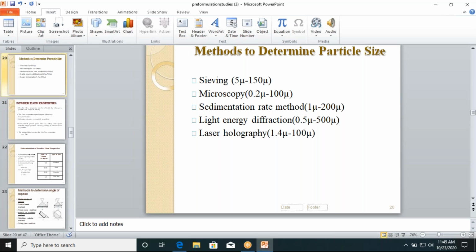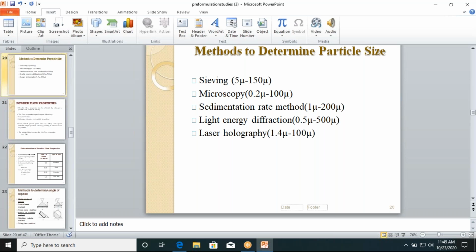So you take the sample from the bulk, reduce the sample size until it is very minute, and then disperse it in a liquid having a different refractive index.